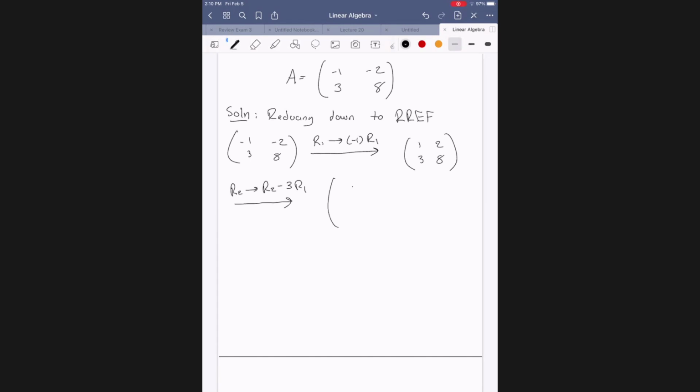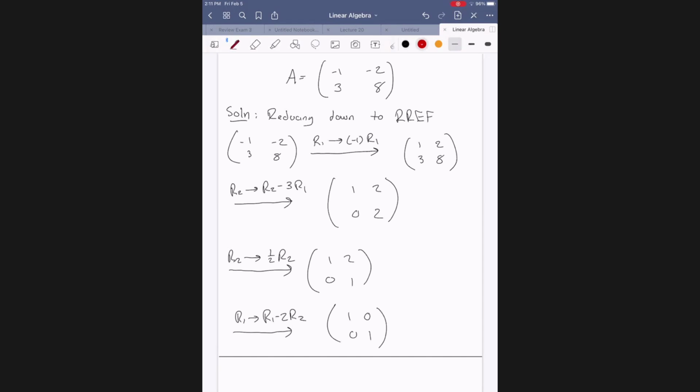That will give me 1, 2, 0, 2. Now let's make that 2 a 1. So now we have row 2 scaled by 1/2, giving 1, 2, 0, 1. And then, since we're looking for RREF, we have to make that 2 a 0 as well, right? So you take row 1 and replace it by row 1 minus 2 row 2, which gives you 1, 0, 0, 1, which is the identity now.